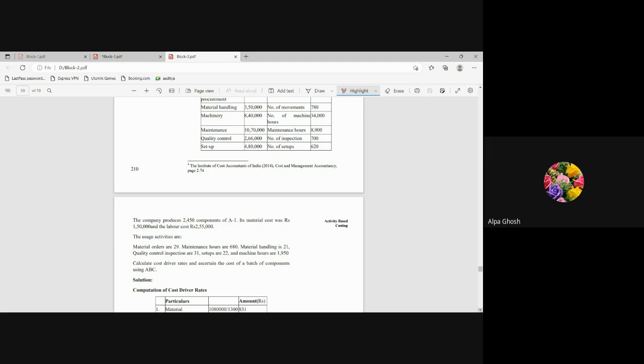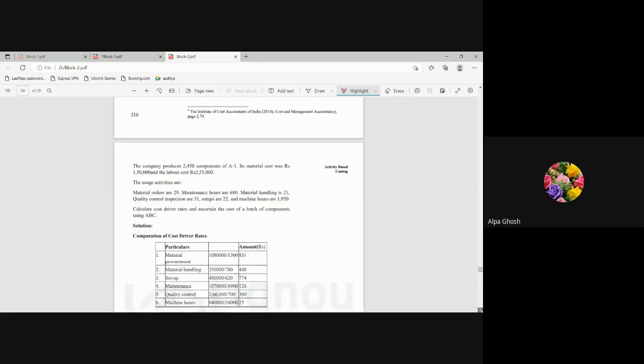The usage activities are: material orders 9, maintenance hours 680, material handling 21, quality control inspection done 31 times, and quality control setups 22. Machine hours are 1950. You need to calculate the cost driver rates and ascertain the cost of the batch of components.